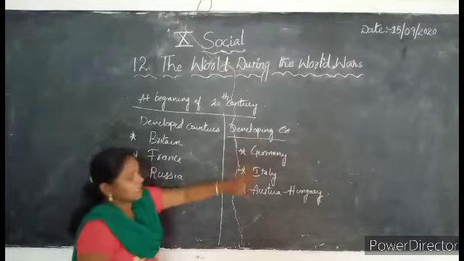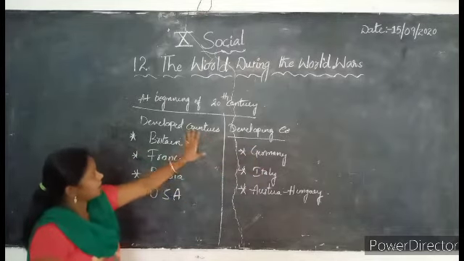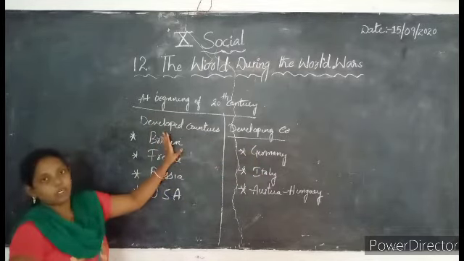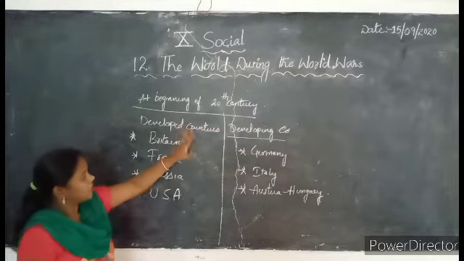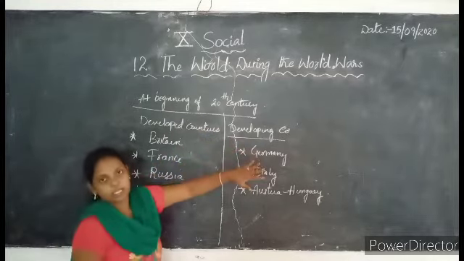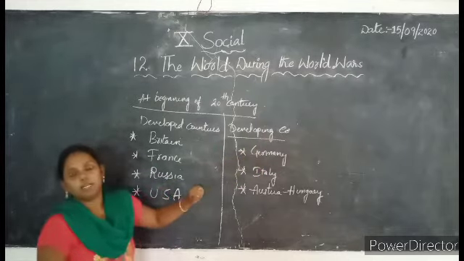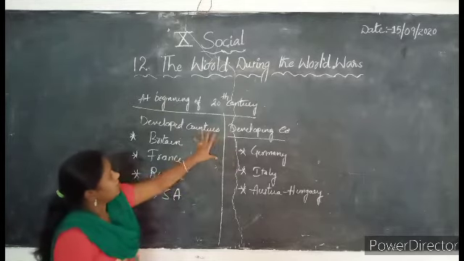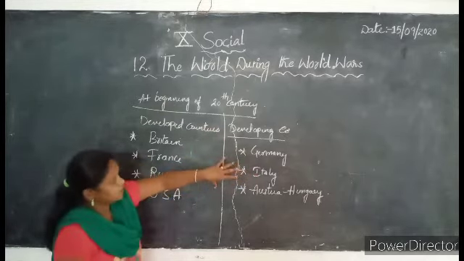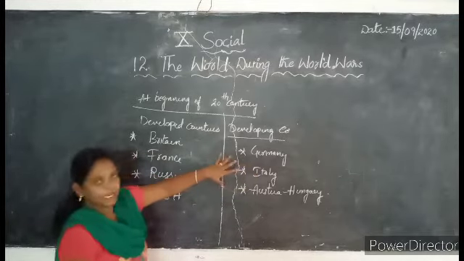When the developing countries asked the developed countries to expand their colonies, the developed countries did not accept the proposal of the developing countries. So now these two, developed countries and developing countries, had split and formed as enemies.